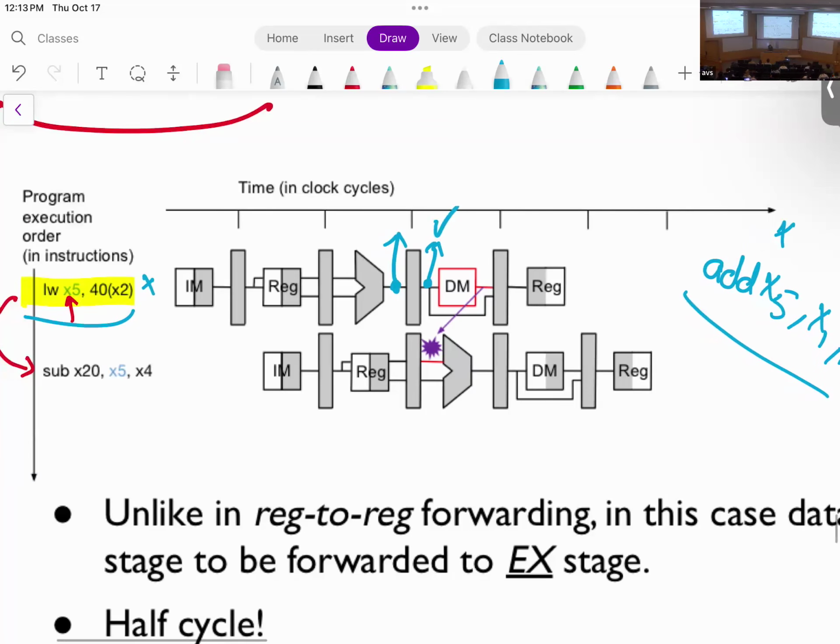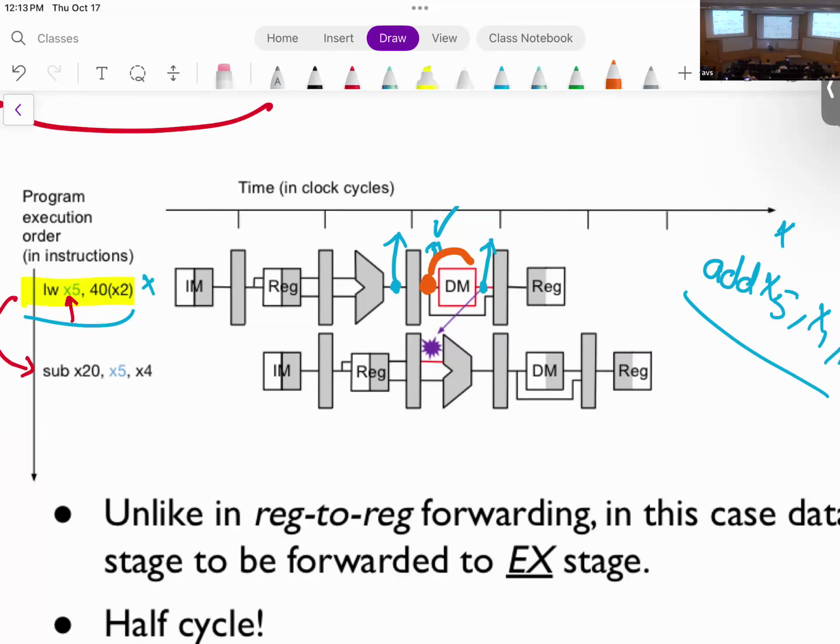But in this load word example, the correct value is only available at the end of the memory stage, right? So I cannot forward. If I want to forward at the beginning of the memory stage, the value is still not valid, because the value that I can forward at the beginning of the memory stage is the one before reading the actual content of the memory. Okay? So I cannot forward from here.